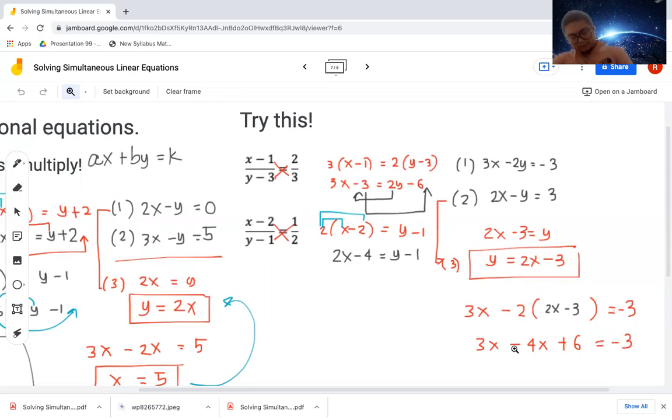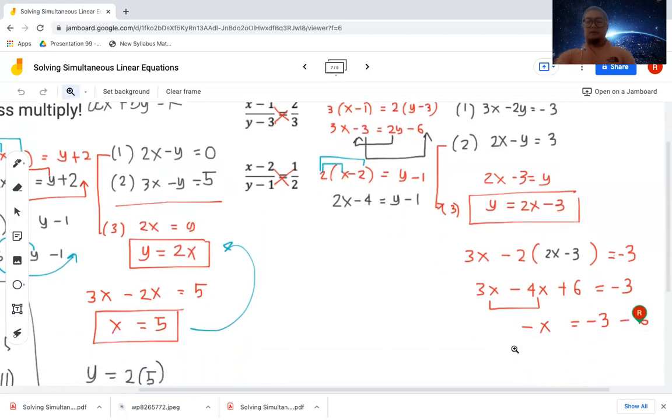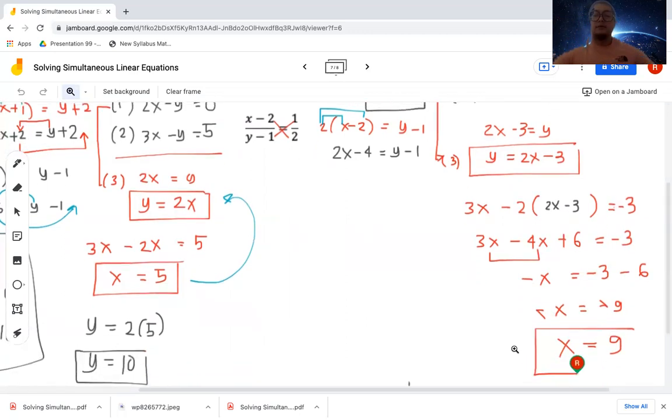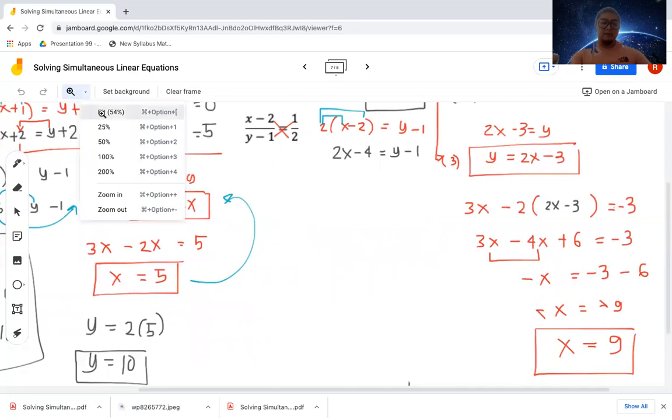This is going to give us minus x. And this is going to be a calculation of minus 3 minus 6, which will now give you negative x is equivalent to negative 9. So you cancel the negative sign, and you will now get an answer of 9 for the x.